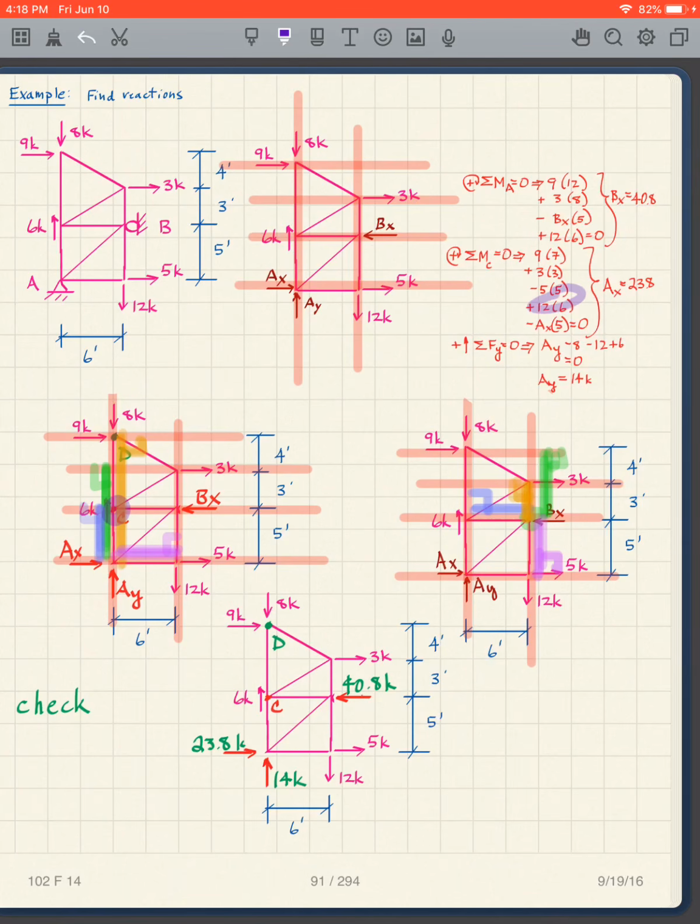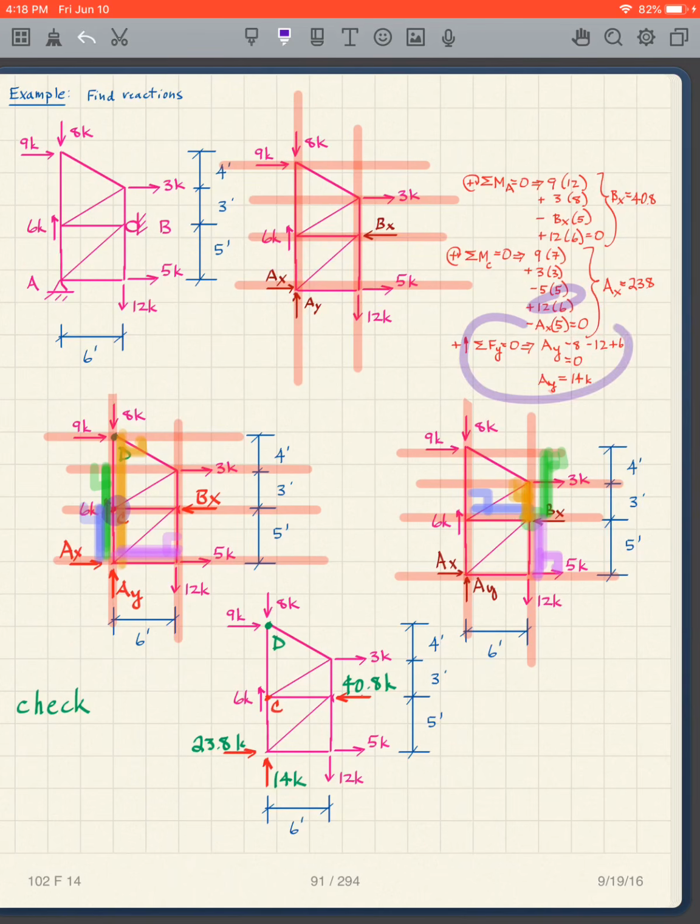And then we have the AX times this distance, which is 5. You have to be true to your figure. This sends the hand around counterclockwise. I solve for AX, I get 23.8.